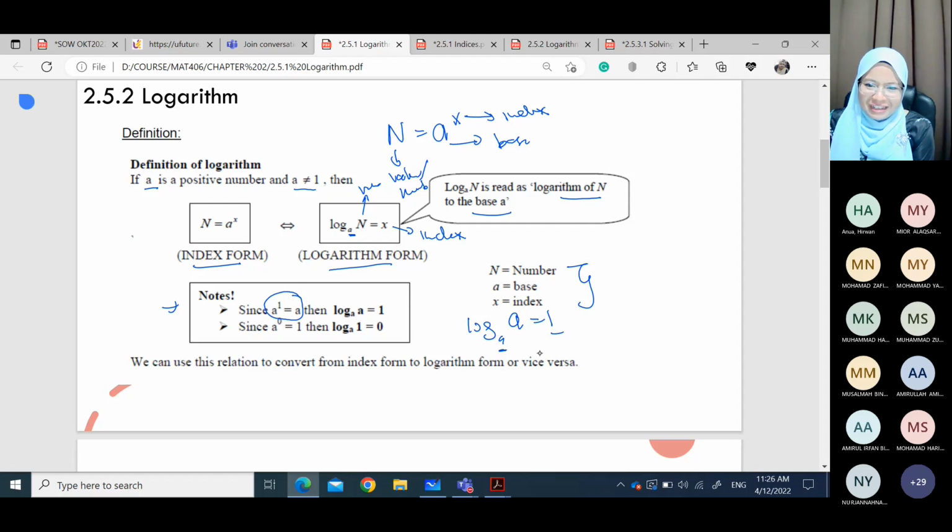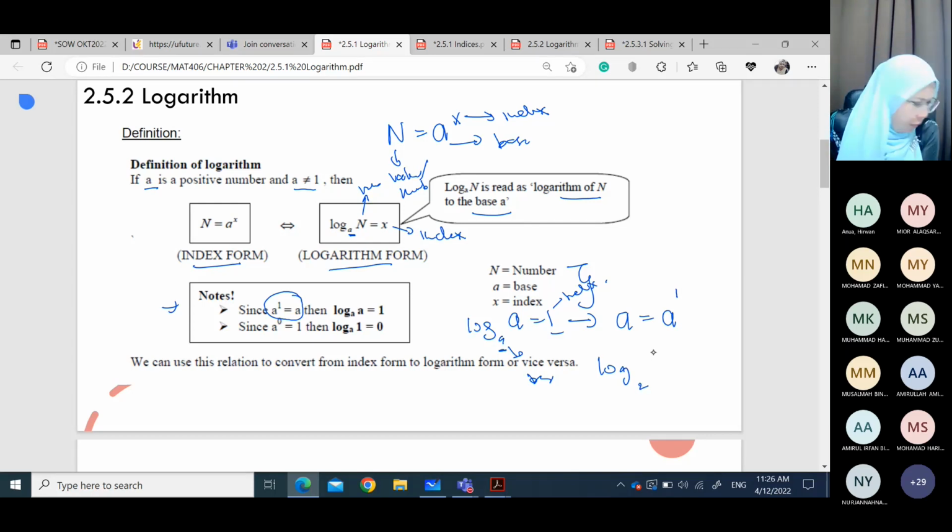Okay, faham? So kalau kita yang ini, ia juga bermaksud A sama juga dengan A kuasa 1. So yang ini adalah base, yang ini adalah index. Katakan kita ada log 2 2, nilai dia 2, jadi index dia adalah 1. Okay.